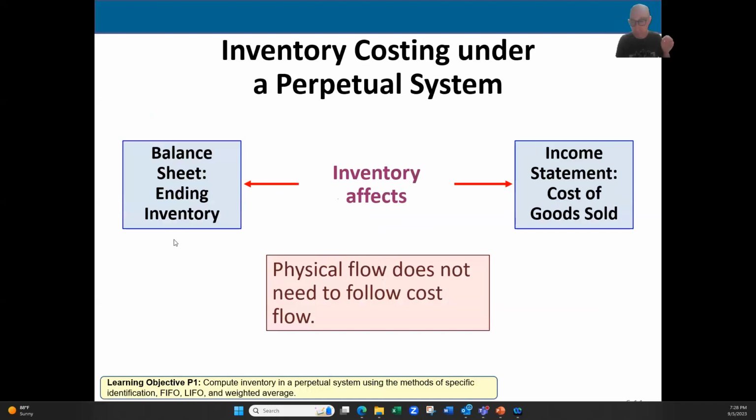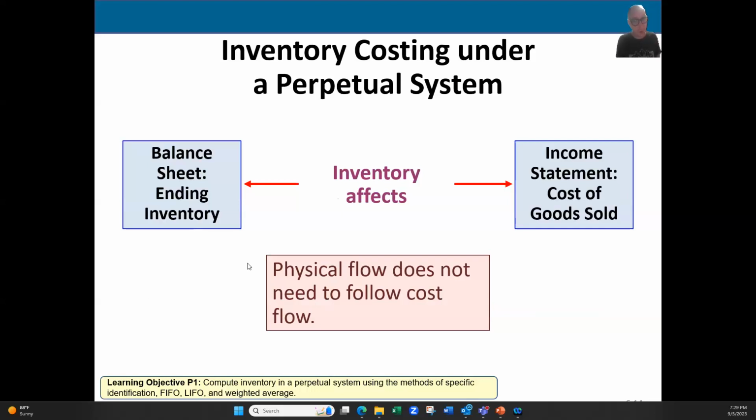So in looking at that, we also need to remember and understand the physical flow of the cost. The balance sheet is going to represent the inventory. The income statement is going to represent cost of goods sold. These are what is shown from inventory effects.